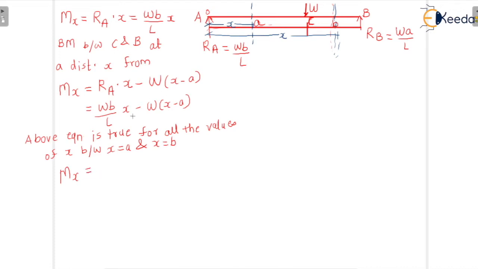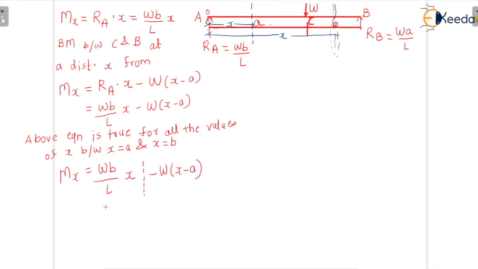Same equation I am writing, just see the way I am writing here. W b by L into x. Now here we are separating it into two parts, drawing a dotted line over here and writing the other part on this side: minus W into x minus a.